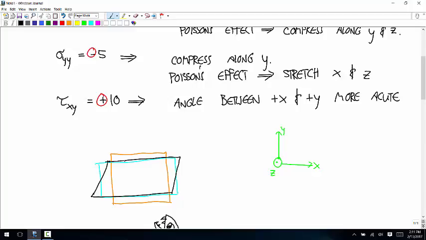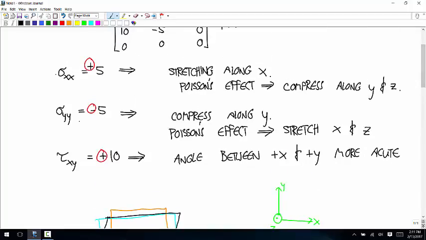We know that there's no XZ or YZ shear strain because there's no XZ or YZ shear stress, and the reason there's no normal strain in the Z direction is because they offset each other. That's harder to see, but if you did the calculation, you'd see it.